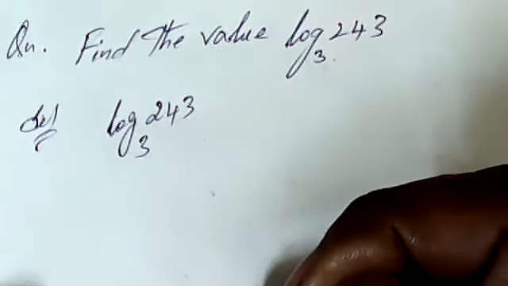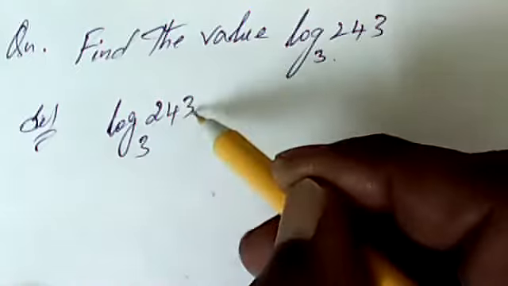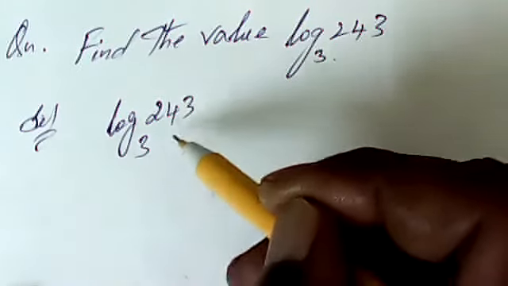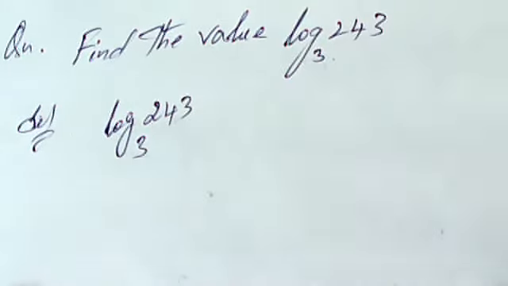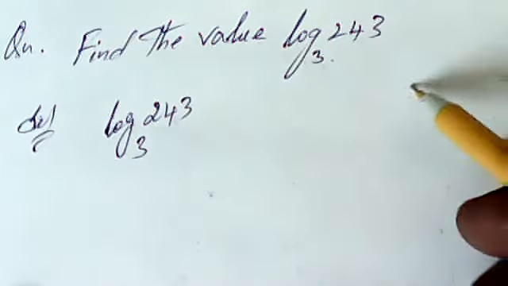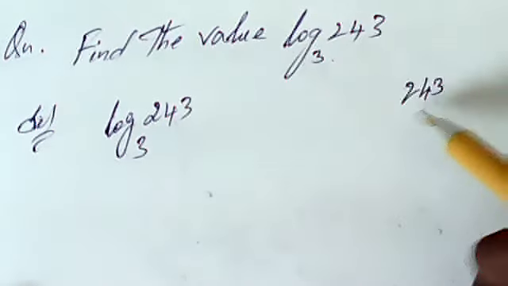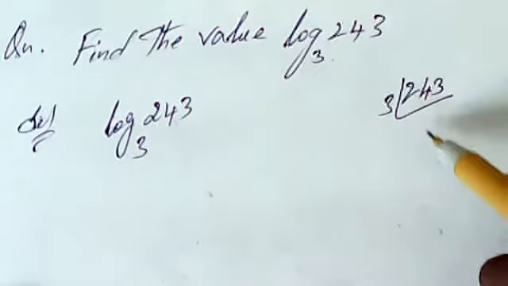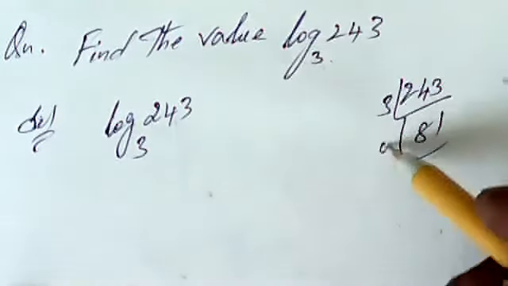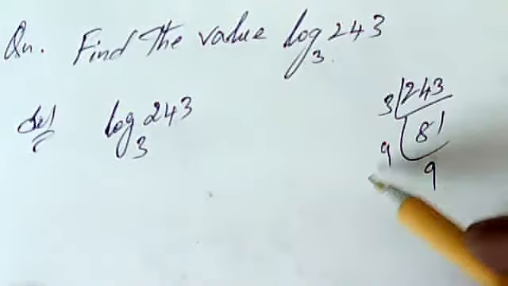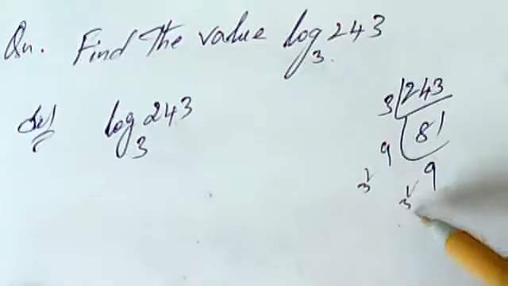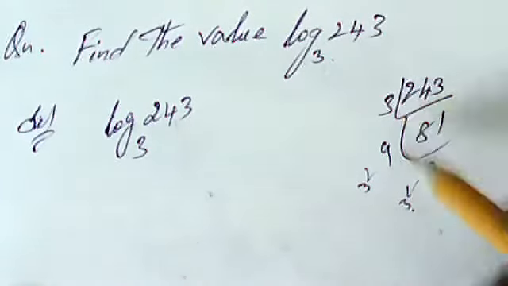As in the previous case, we express this 243 in terms of a power of the base number 3, if possible. So 243, on factorizing, gives 3 into 81. So we have this 9 into 9, which is nothing but 3 square and 3 square. So there is 3 power 4 and 3 power 5.